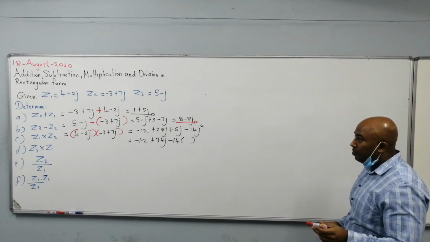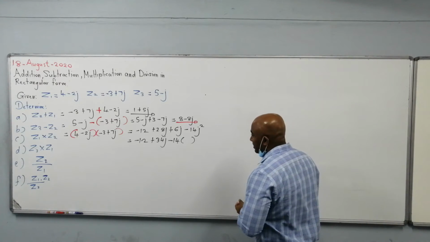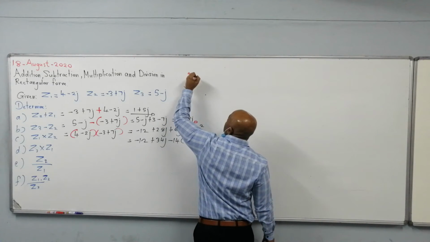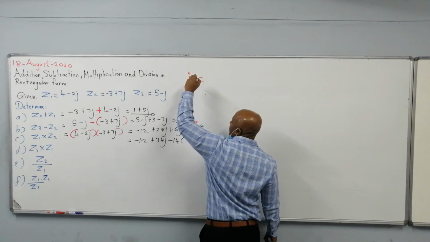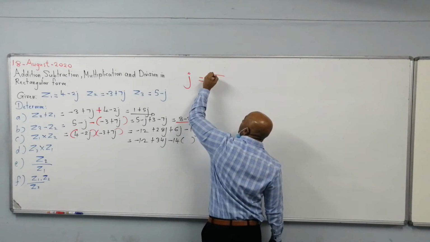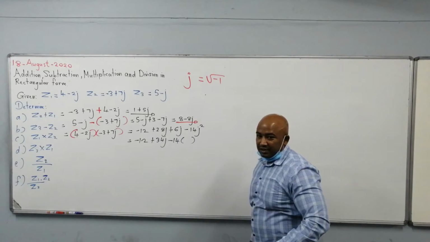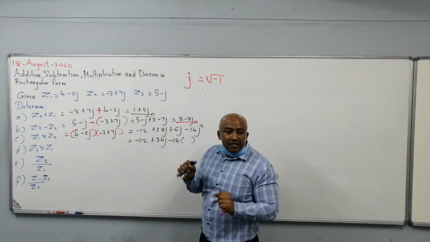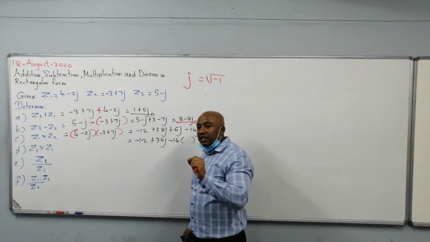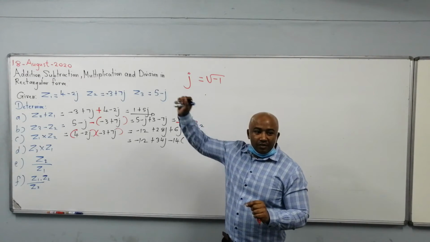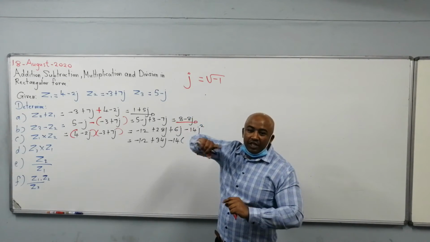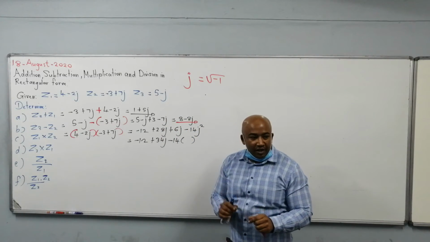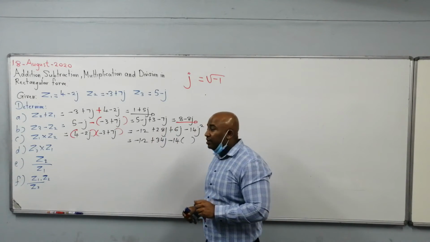Now, let's go back to the definition of j. Remember that j was equal to, what was j equal to? The square root of negative 1. Okay, so if our answer has j there, it's fine because j is our substitution. But if the answer has j squared, j to the power 4 or j to the power 1000, you need to work it out. And your answer must be in terms of j.